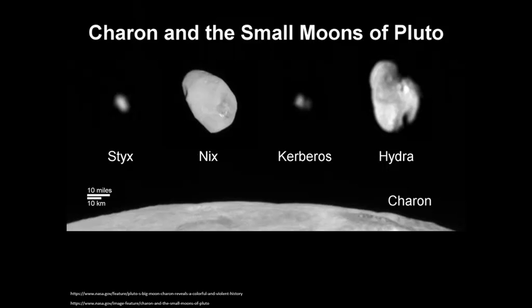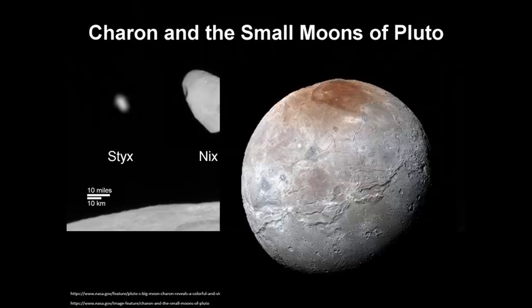Okay, so we have Charon. There's not a great image showing all 5 of them with Charon in full scale. So this is Charon, just a little piece of it. It is 750 miles in diameter. It's not huge. That's Charon there, incredibly geologic.